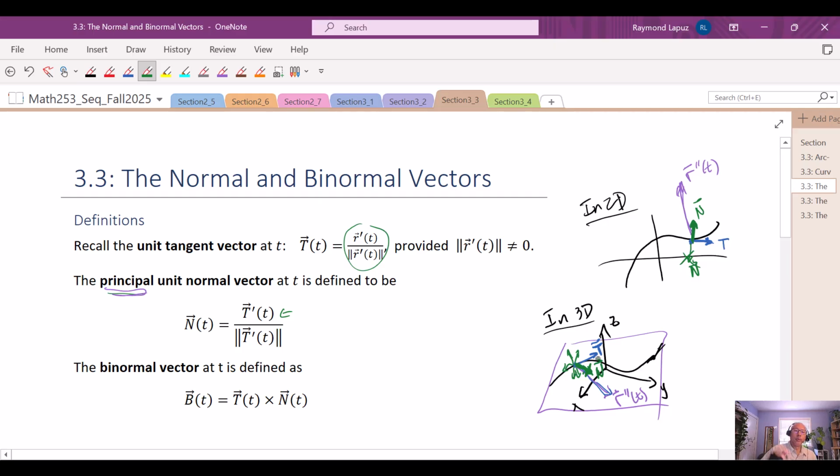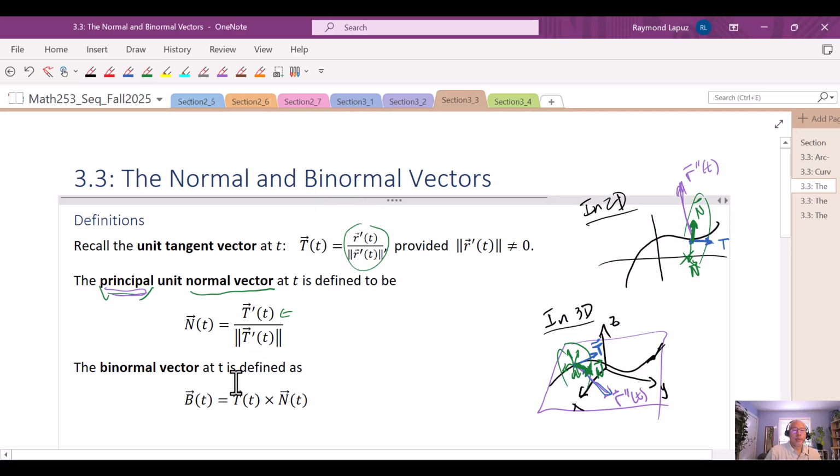We'll eventually just call it the normal vector, but I wanted to highlight the idea of the principal, meaning we have to choose the right one out of two possibilities or out of an infinite number of possibilities. And it's based on the acceleration.